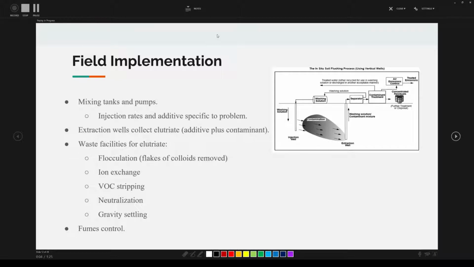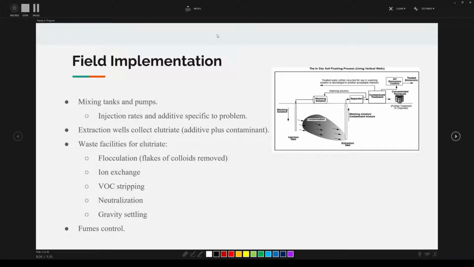So we have mixing tanks and pumps, and it's important to know that one additive can only treat one kind of contaminant. We can't have one recipe for a number of different contaminants.